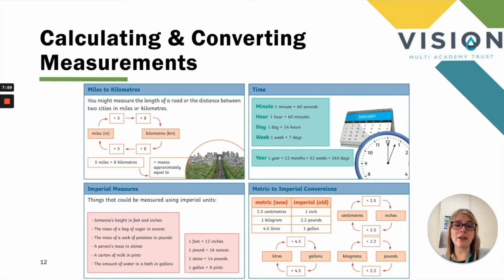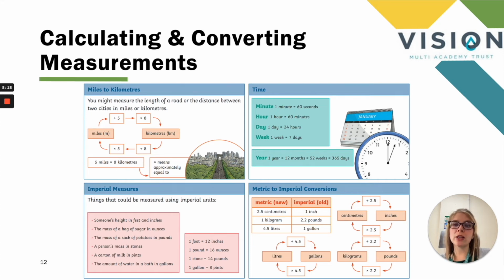Continuing to look at converting measurements. So we're looking at miles to kilometres. We know that when we look at the length of a road, it can be in miles or in kilometres, and the rough equivalence is that 5 miles is roughly 8 kilometres. It's approximately equal to.